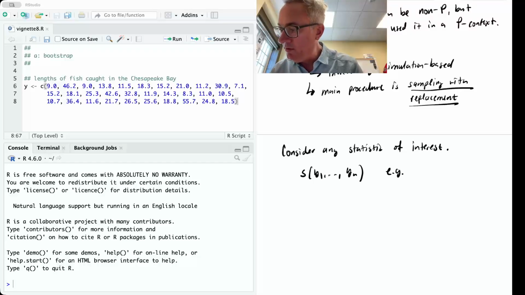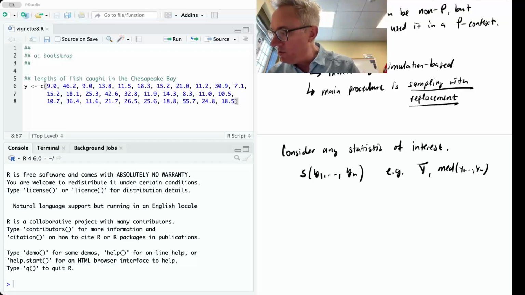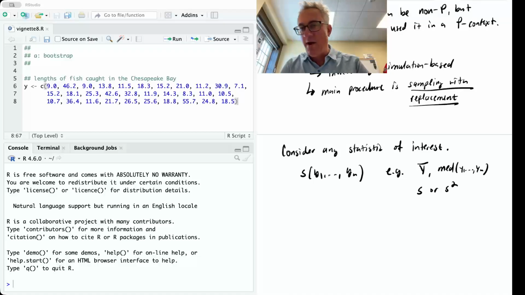For example, you could sum them up and divide by how many there are. So you could calculate y bar, or you could take the middle one. That would be the median of these y values. Or you could do the estimate of the standard deviation or its square. All of those are just functions of the data values, so they are statistics.